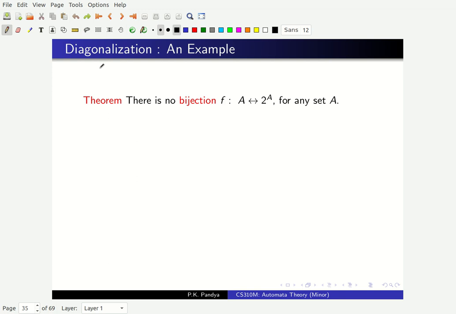So to give you an example of a bijection, let me write it here. A bijection is a one-to-one and onto mapping. That is, the elements of A and the elements of the power set of A can be paired in a one-to-one fashion, right? And you cover everything, right?